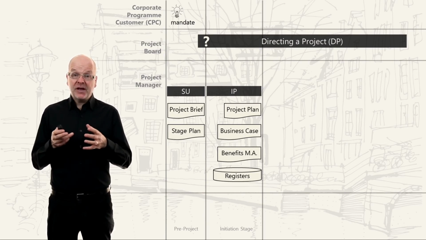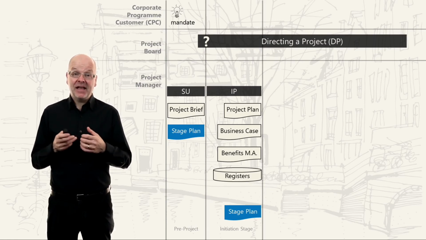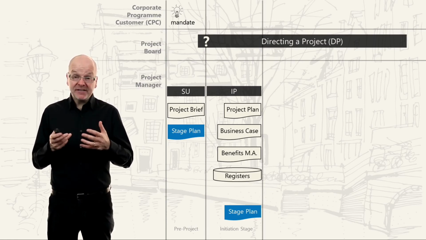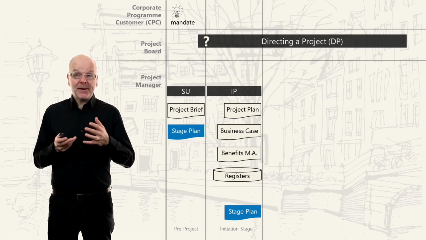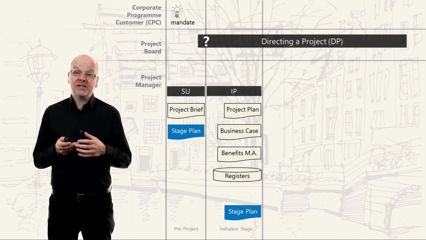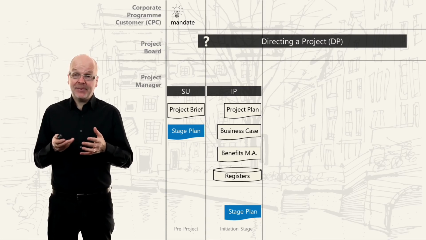The project manager is now ready to think about the plan for the next delivery stage. And this is where the teams will start to deliver the products. Remember, the project plan is a high-level plan for the whole project, but the project manager needs a plan for each stage. This will be a more day-to-day plan that they can use, and we call this a stage plan.